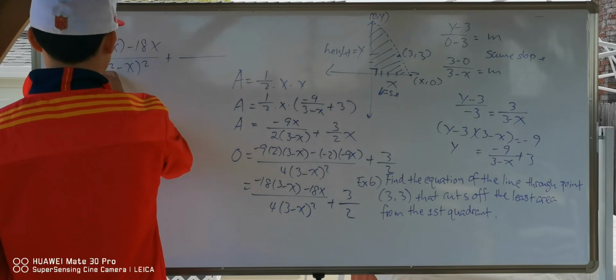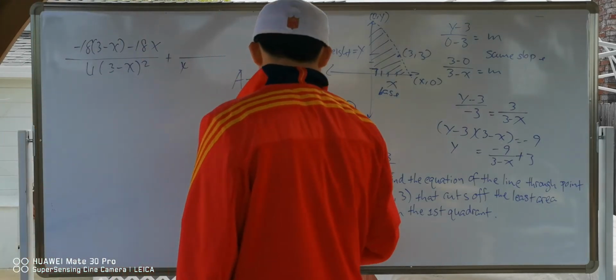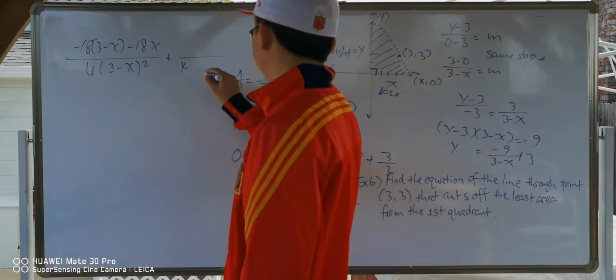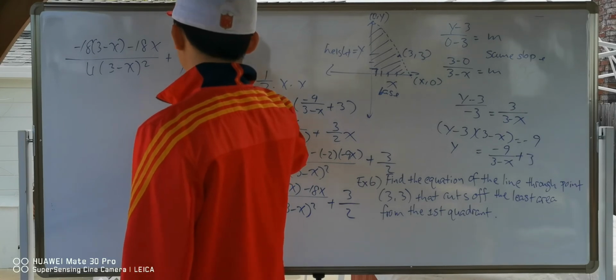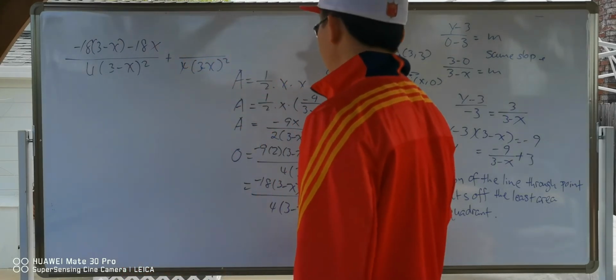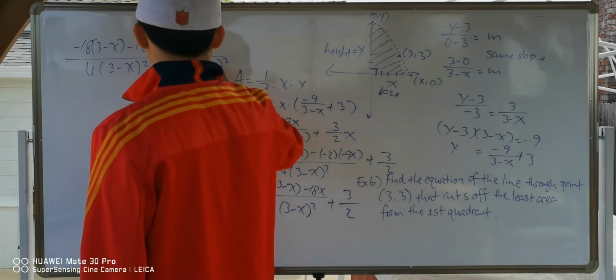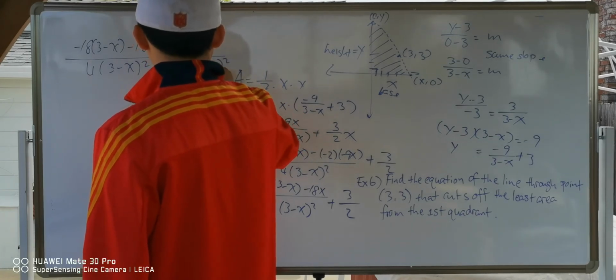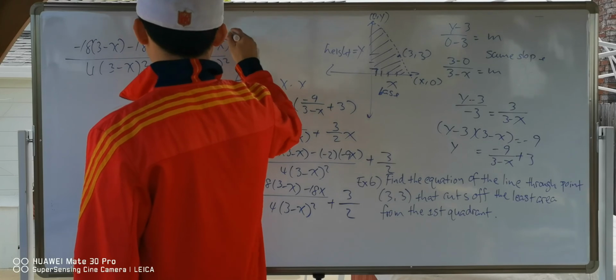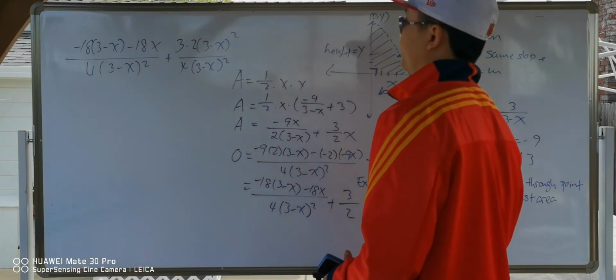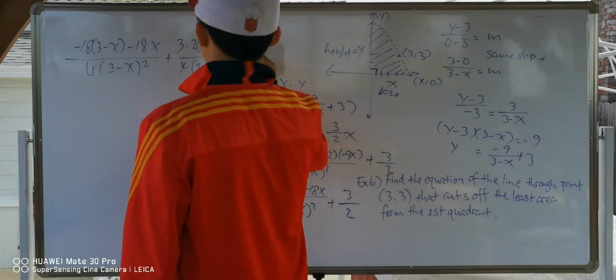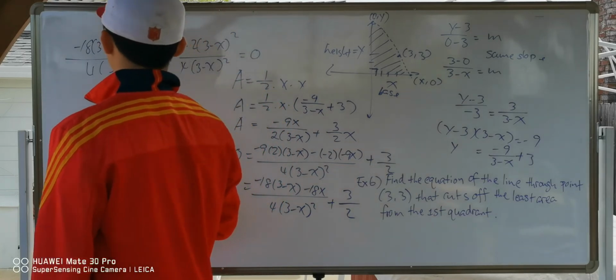Plus, the common denominator is 4 times this quantity, 3 minus x quantity squared. So that means the top and the bottom, I need to multiply by 2 times 3 minus x quantity squared. Okay, so set equal to 0. So that means the numerator has got to be 0.